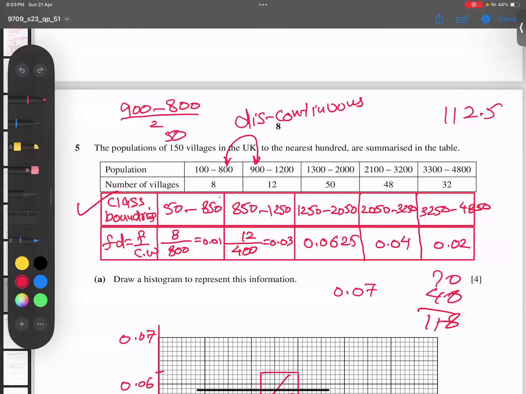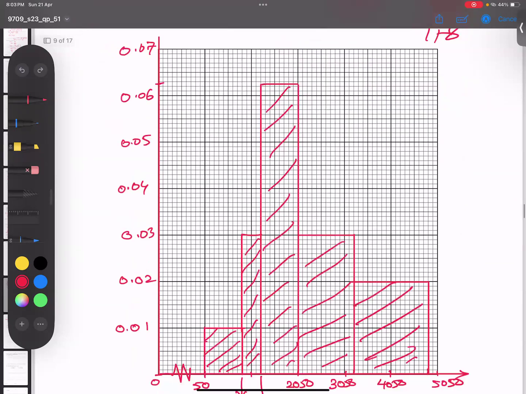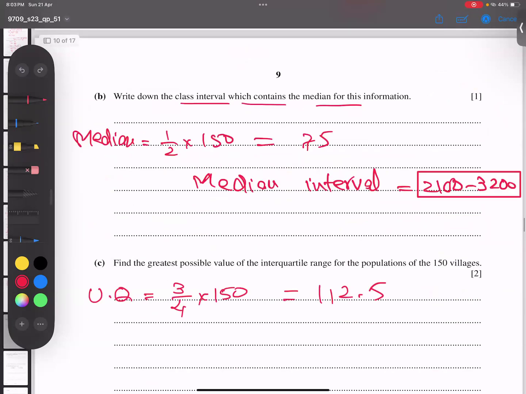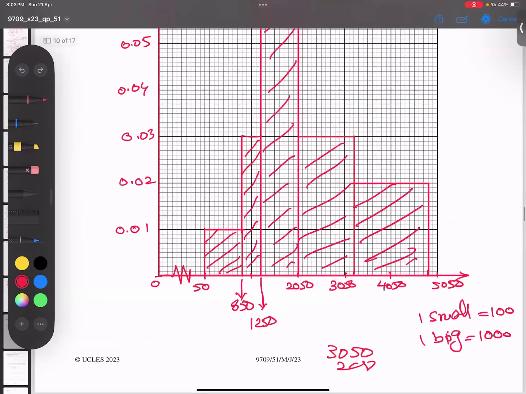No, it is coming in the next section, I think. Wait a minute. Okay, right. So the upper quartile formula is, one minute, let me check again. 3/4 of 150, I'm getting 112.5.